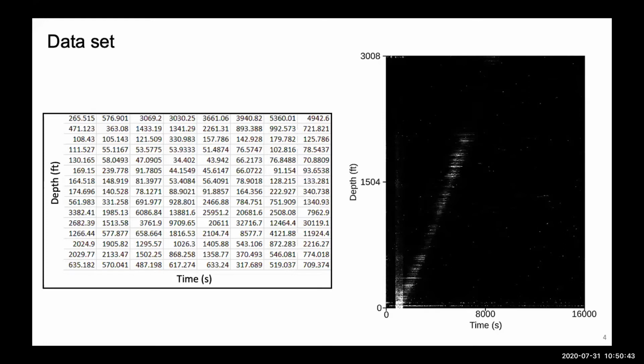But for the rest of the presentation, you're going to see this data represented as an image instead of as a matrix. And this is because representing our data as an image allows us to use various image processing techniques to detect the gas signature, which you can see here as this sort of diagonal line in this image.